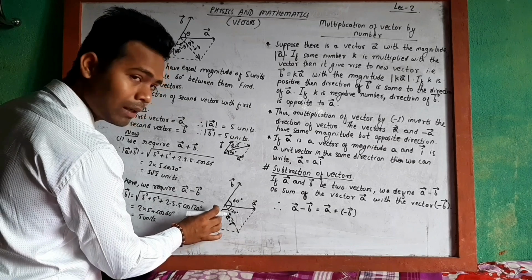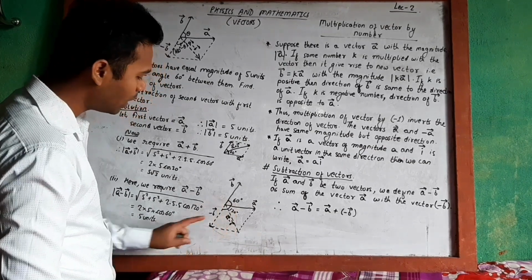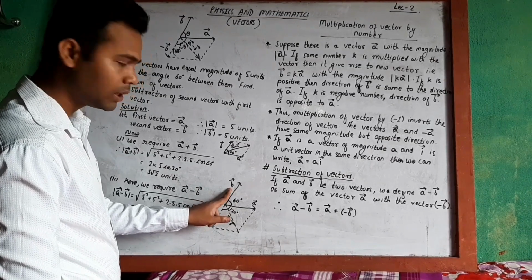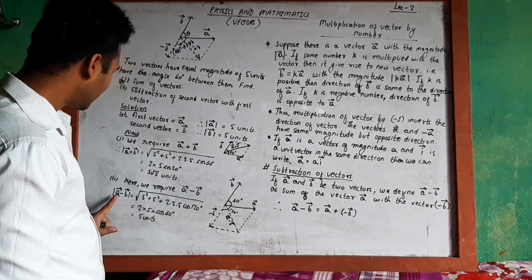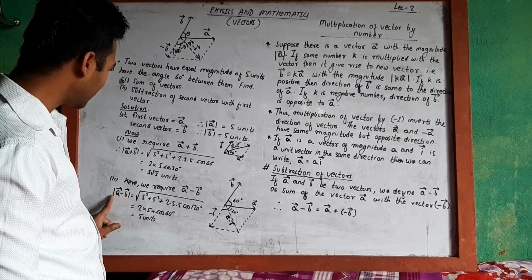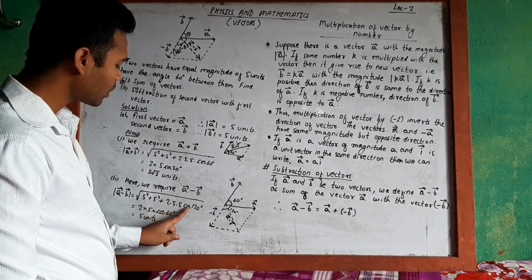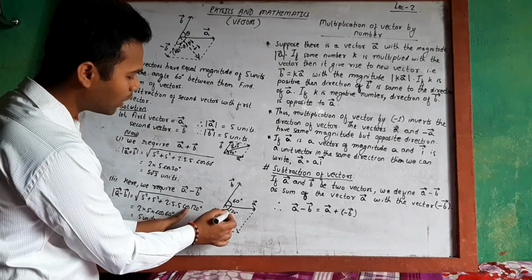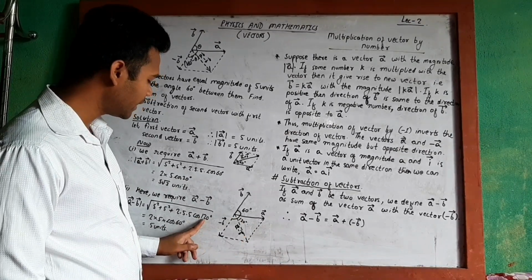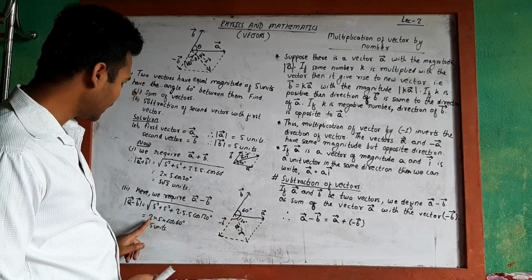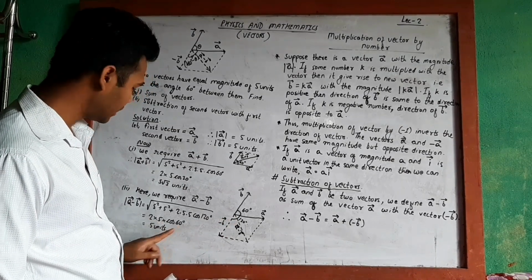The minus b vector also has equal magnitude as that of the b vector, that is 5 units. Therefore, the magnitude of a vector minus b vector is the square root of a square plus b square plus 2ab cos theta. Here theta is 120 degrees, and on simplification it gives 2 times 5 into cos 60 degrees, which is equal to 5 units.